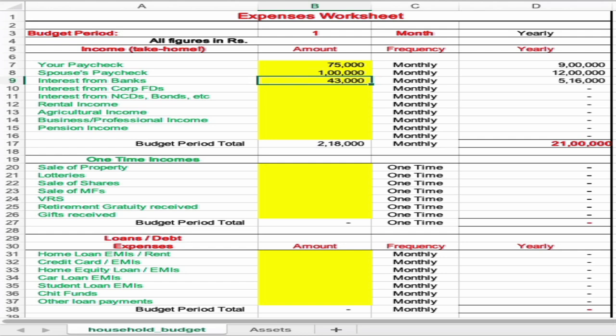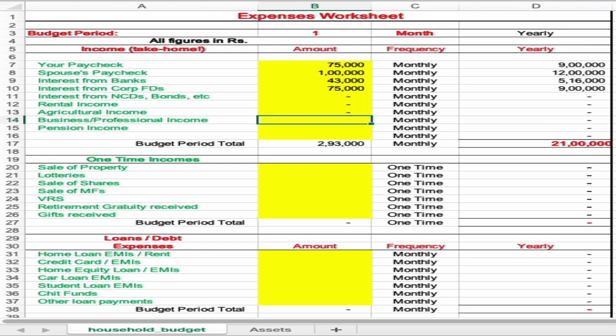I'm just taking some random figures to illustrate the example. Interest from corporate FDs, let us say 75,000. Interest from NCD bonds 0, so type 0 and press enter, so that you get a dash there. Rental income, type 0 and press enter. Agricultural income, press 0 and press enter. If you have it, enter it.